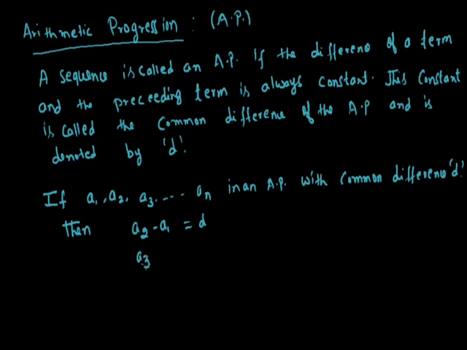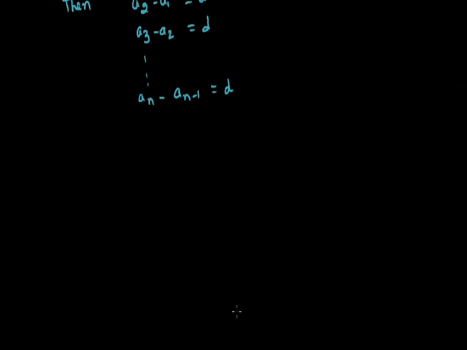Again A3 minus A2 is equal to d, and so on, An minus A(n minus 1) is also equal to d. So this is called the common difference. Now the first term of an AP is denoted by a. So we can also write a plus 0d, this is equal to A1. A1 equal to a plus 0d.